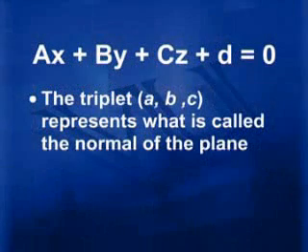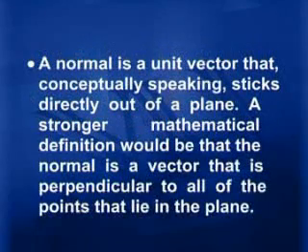So the triplet composed of A, B and C represents the normal of the plane. A normal is a unit vector that, conceptually speaking, sticks directly out of a plane. A stronger mathematical definition would be that the normal is a vector that is perpendicular to all of the points that lie in the plane.